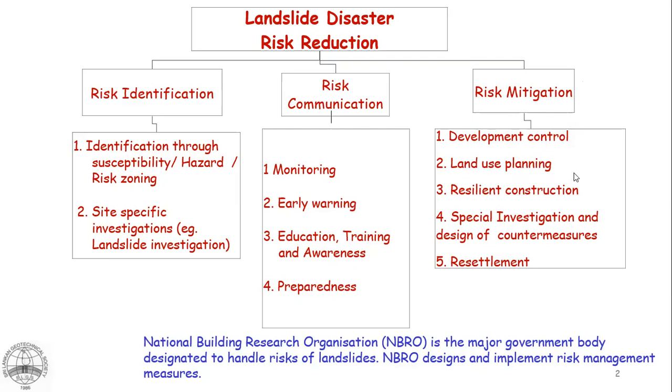Then land use planning, what are the various land uses that can be permitted in those areas. Resilient construction, how to do the construction with minimum disturbance to the land and therefore minimizing the risk of landslides.